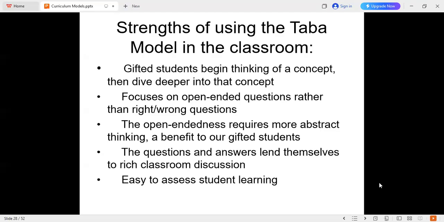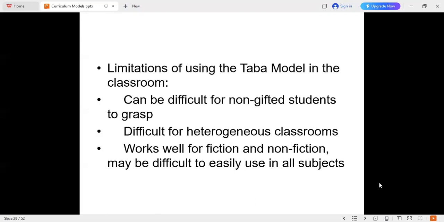Essays are easy to access, students learn. It is not much important for you. Limitation: using the Taba model in the classroom can be difficult for non-gifted students. I mentioned that it is difficult for a heterogeneous classroom.